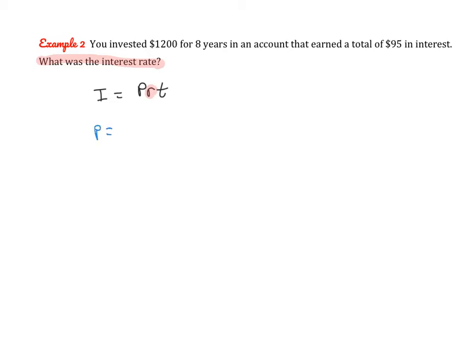So let's see what information we know. We know that our principal was $12,000, because that's how much we started with. We can see that T is 8. That's how many years the account sat there, and it earned $95 in interest. So that's I. And then we can substitute them in and solve for R. So 95 equals 12,000 times R times 8.